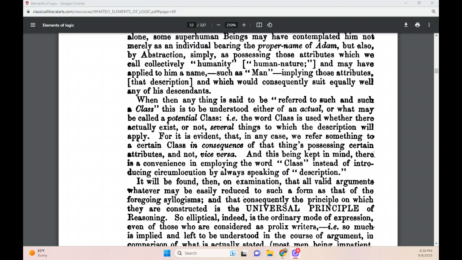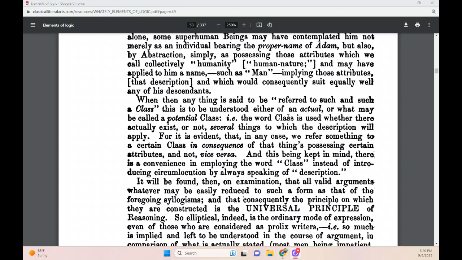Let's keep moving here. When anything is said to be referred to such and such a class, this is to be understood either of an actual class or what may be called a potential class. That is, the word class is used whether there actually exist or not several things to which the description will apply.